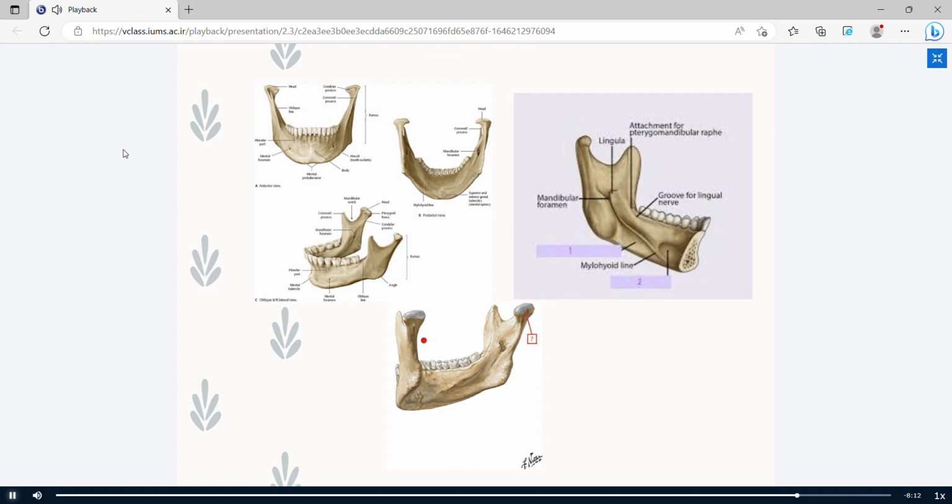In this slide, you can see the internal surface of the body and ramus. On the ramus, there is the mandibular foramen, covered anteriorly by the lingula, a thin bony projection.